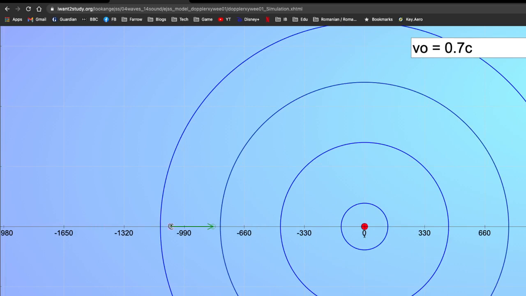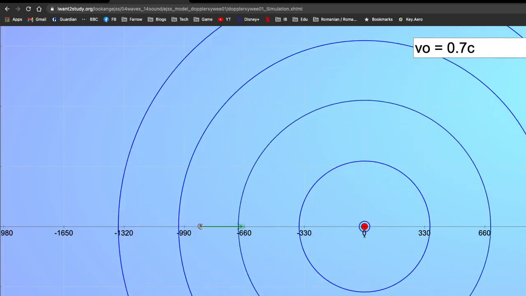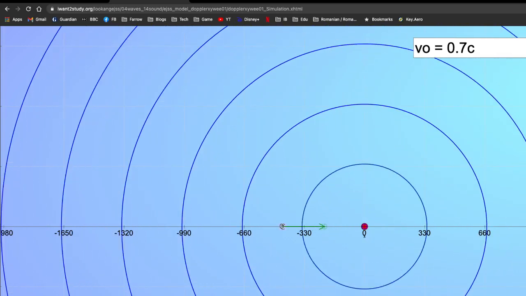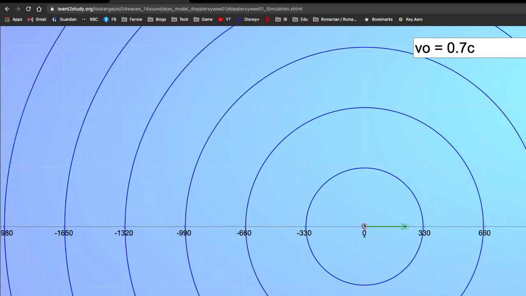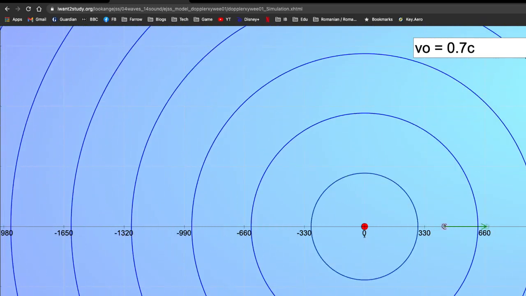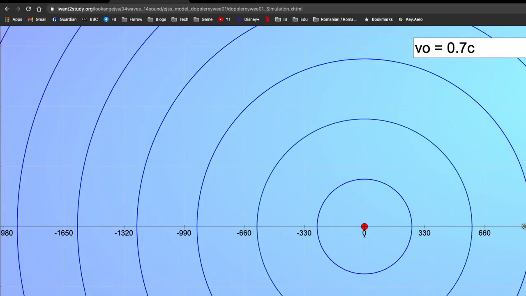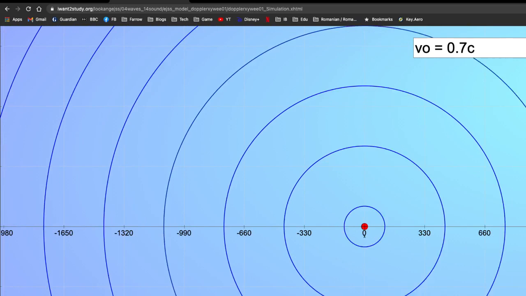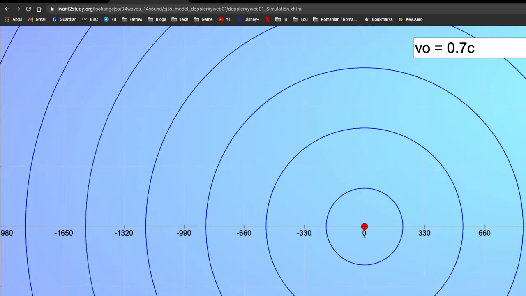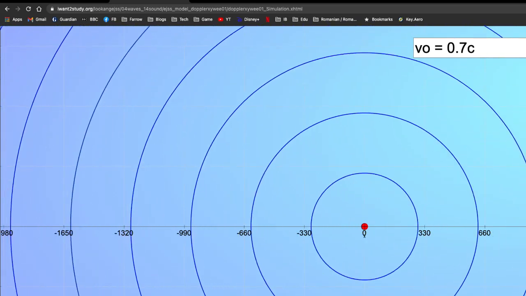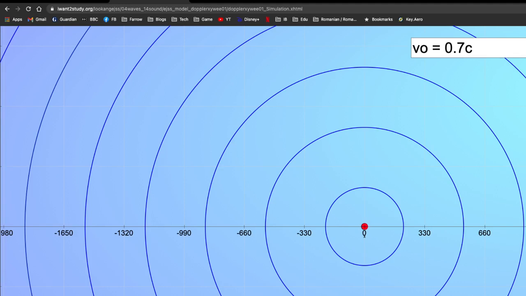But now our observer is moving into the waves, so again it'll experience waves of a greater frequency until the observer passes the point at which the waves, and now it's moving sort of with the waves further away, so there's a longer period, a longer time between the observer experiencing those wave fronts, which means you have a lower frequency.